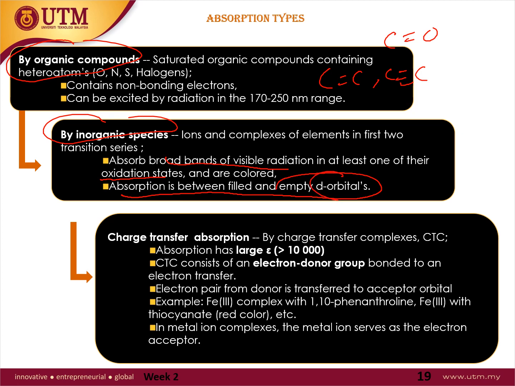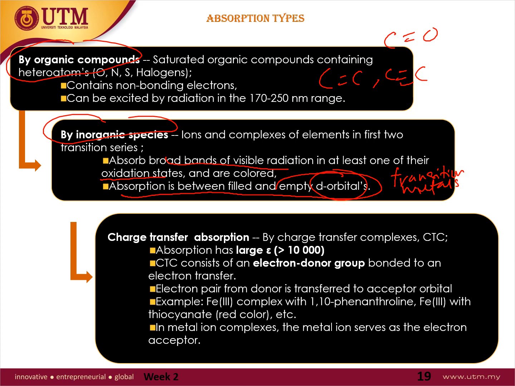Okay, when you see d orbital over here, it reminds you of your first year subject with inorganic chemistry. You learn about transition metals. Okay, I don't want to go into this part so much, but transition metals are those metals in the periodic table that have d orbitals.